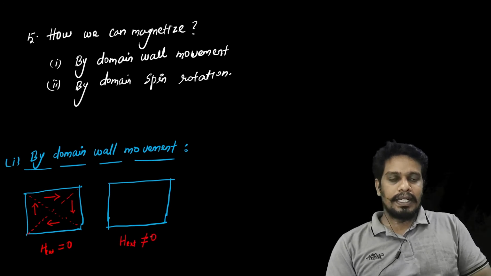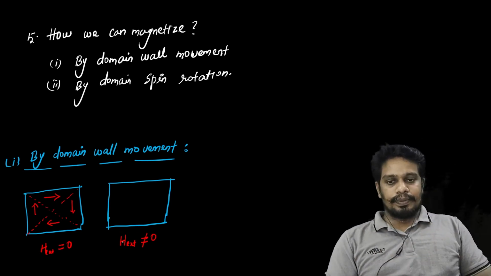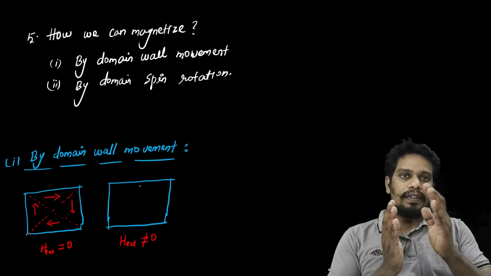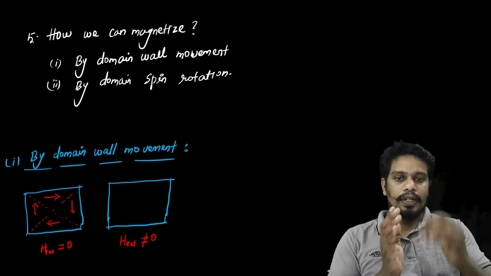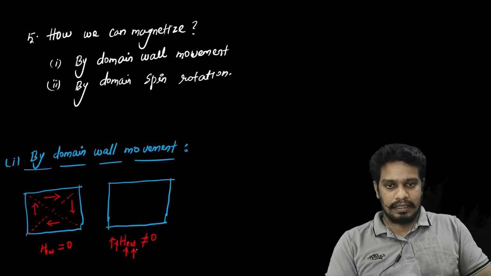That means the external magnetic field is now not equal to zero. So what you can observe here is that the domain walls move. How they move: suppose you are applying the external magnetic field in this direction.